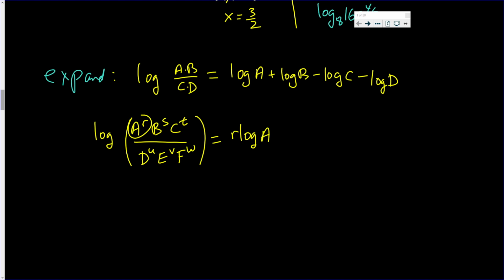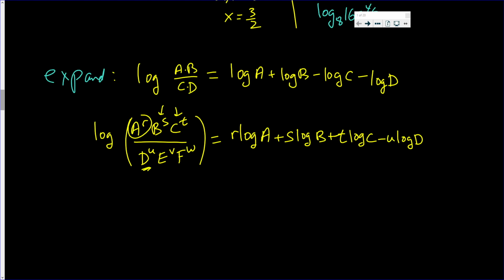But the r can come in front. Plus, that's in the top, it'll be log of b to the s. But the s can come in the front. Next factor, plus, because it's on the top, plus log c to the t. But the t can come in the front.